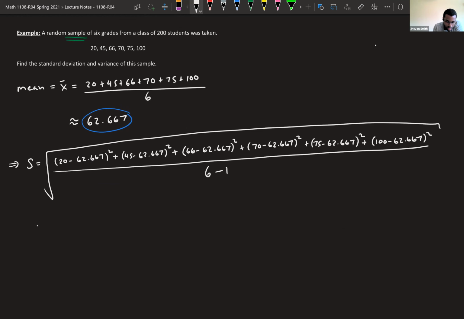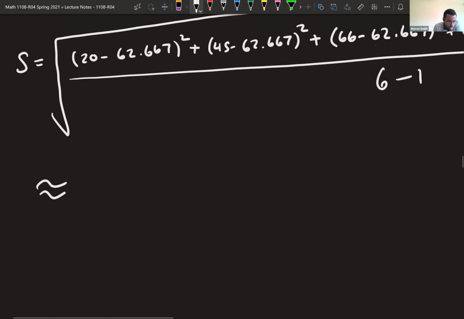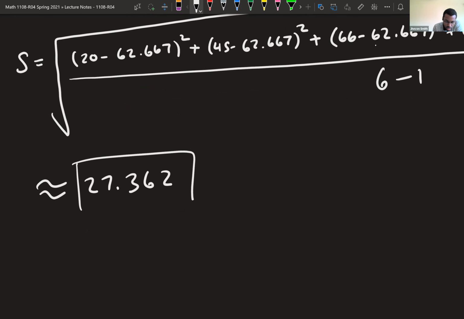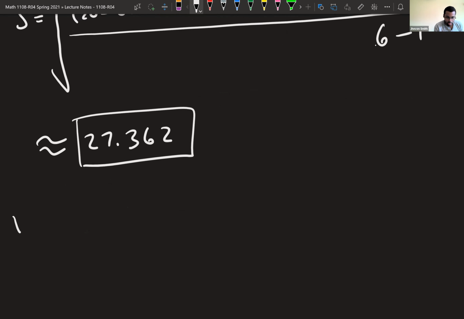And in this case, you should end up with, I think, the answer is 27.362. So that's your standard deviation. Now your variance, well, that's equal to s squared, right?